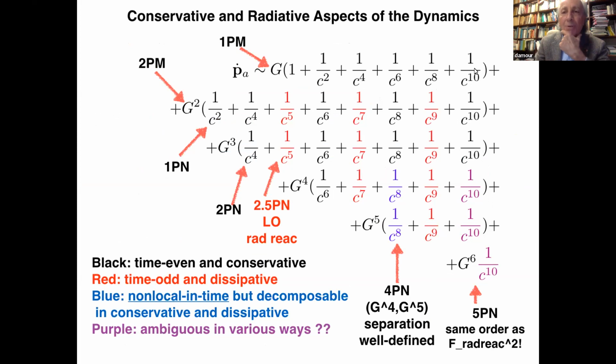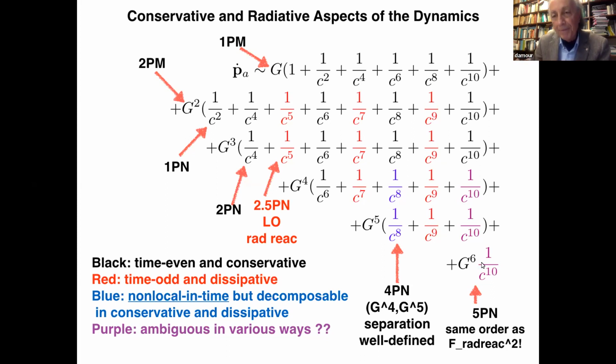And some of the 1/c10 terms at lower post-Minkowskian orders are not dangerous. But starting at the G4 level, this term, so G4/c10, becomes quite delicate. Similarly, also the terms 5PN in the G5 and the G6.